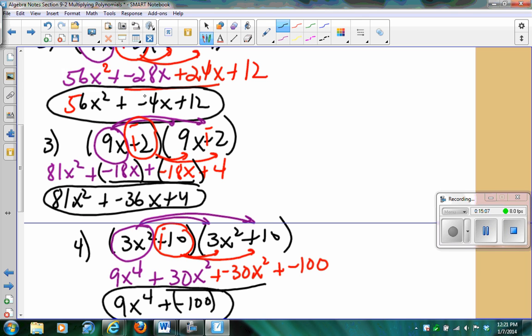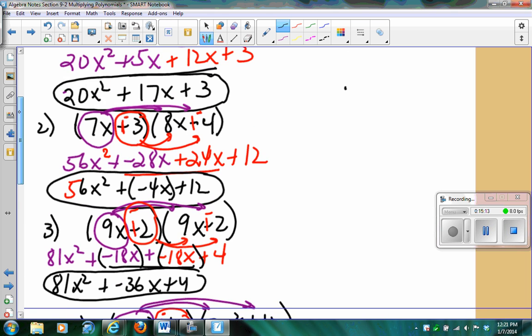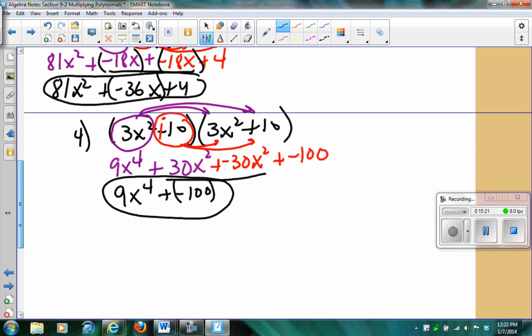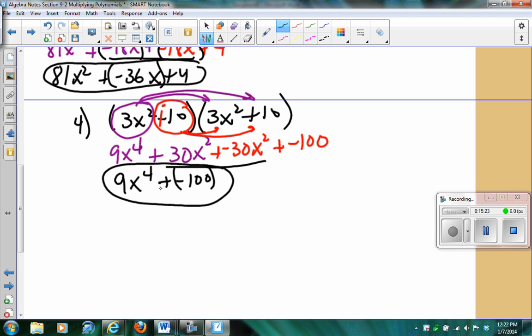I'm going to do the same thing for number 2, and I'm going to look at number 1, and I think I'm okay there. I am going to keep, oh, I'm sorry, go back to number 3 and do that there also.